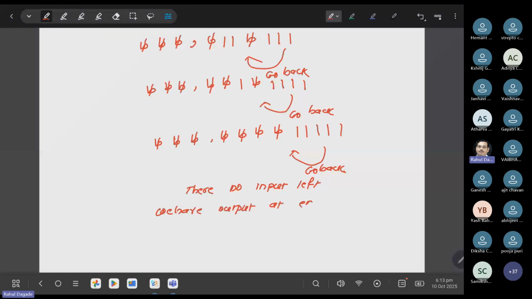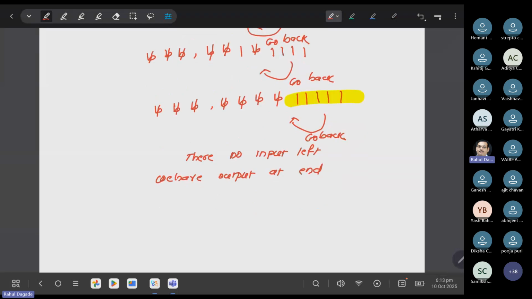So what is that output? That output is this. Okay, so that means we got the output at the end. That is, after this blank, we got 1 1 1 1 1, and here there is a blank available already. So this is our output.